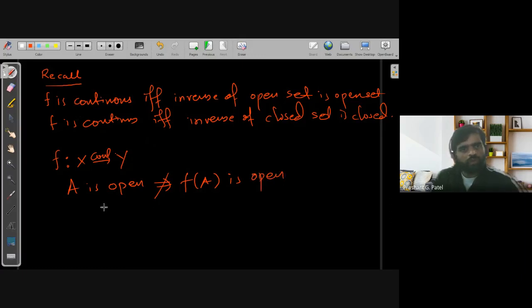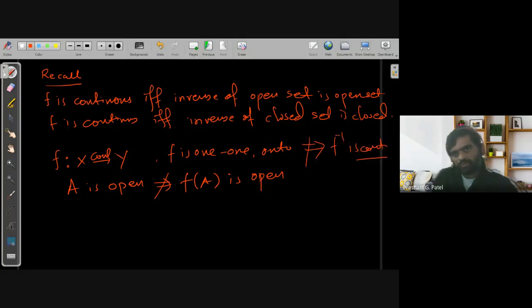Also, if f is continuous and 1-1 and onto, so that there is an existence of the inverse, it will not imply that the inverse is continuous.